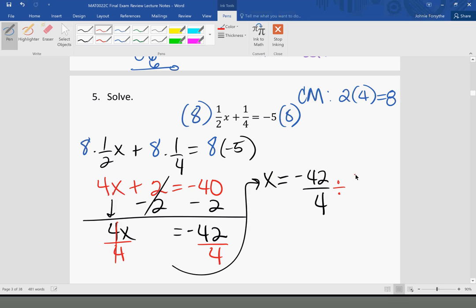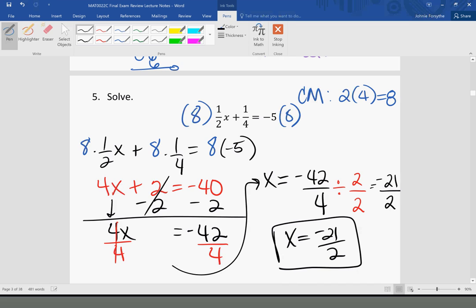So if we divide the top and bottom by 2, I'll end up with -21 over 2. And then if you think about this, you can't divide this further. So x equals -21 divided by 2. That would be your final answer there.